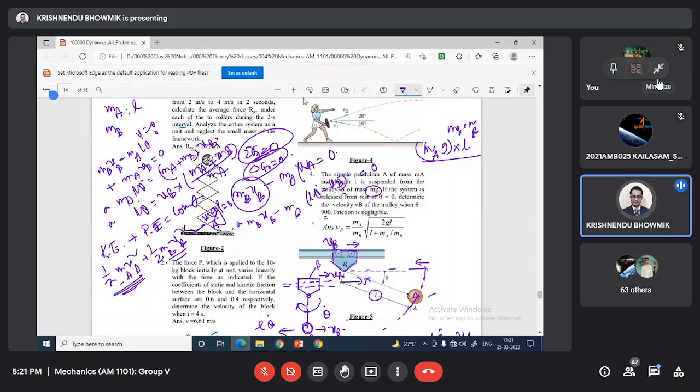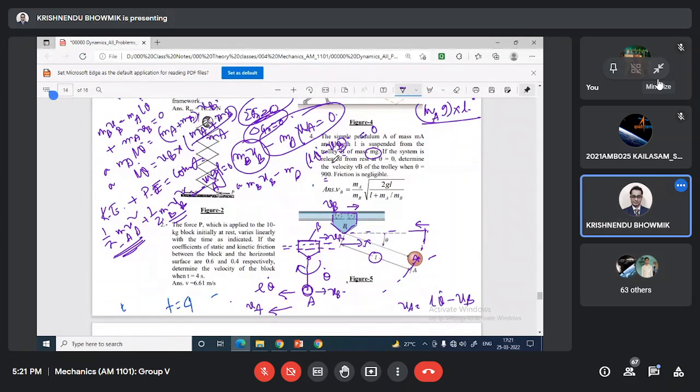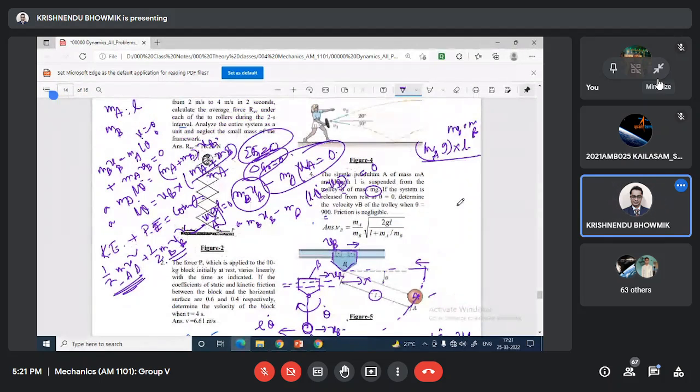MA VA minus MB VB equal to 0. Now VA equal to L theta dot minus VB, and we have worked on that to get the relationship for L theta dot.